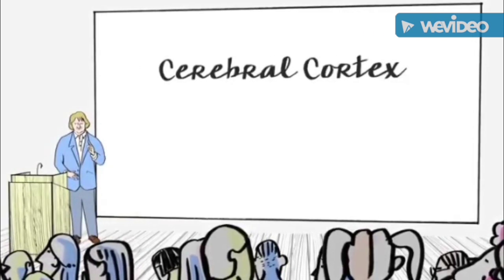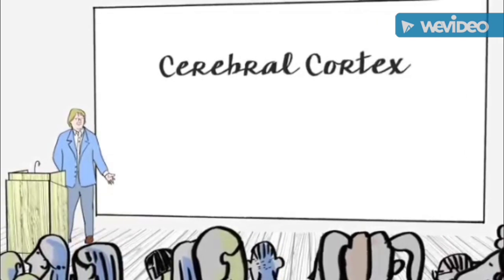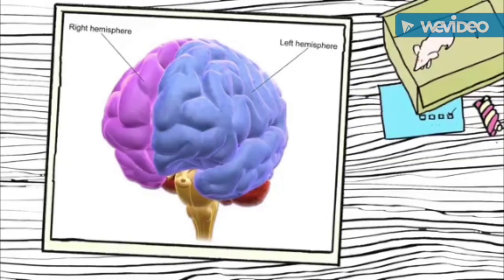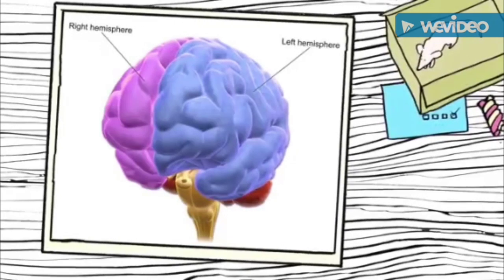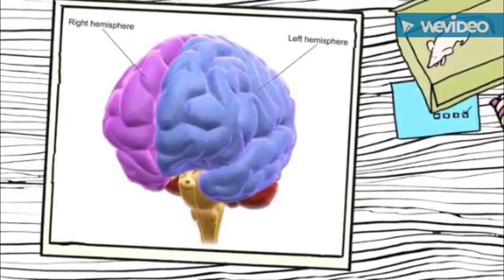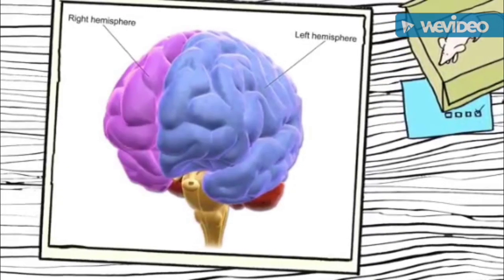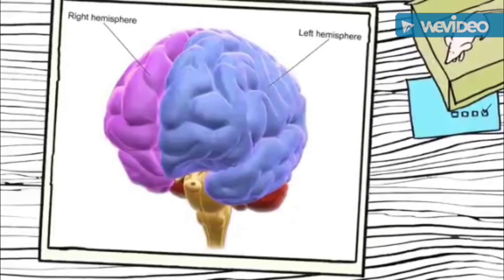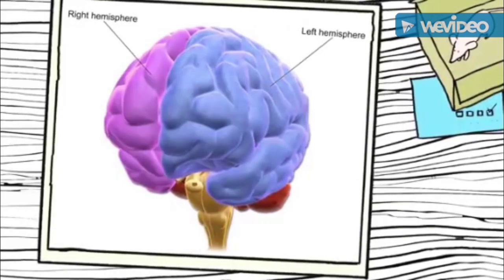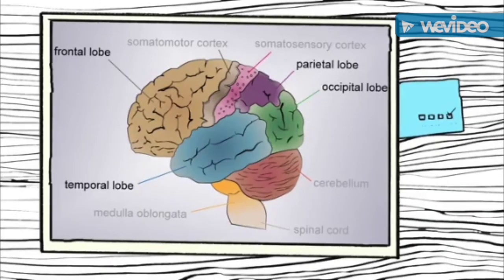Fish don't have any cerebral cortex. Reptiles and birds have a little bit, but primates, including humans, have a lot. When you look at the cortex, you'll see it has 2 halves, a left half and a right half. For each of these halves, you can demarcate the cortex into different lobes.